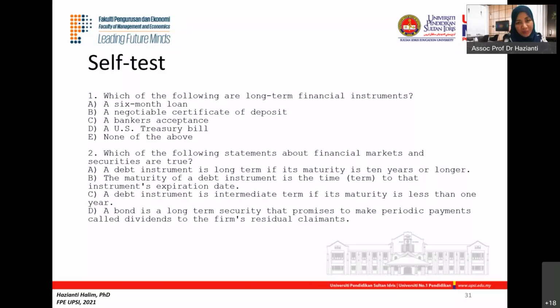The answer is A. An instrument is long term if its maturity is 10 years or longer. But some books say one year can be short term and intermediate term. Short term is usually less than three months. But more than 10 years is definitely long term. Like treasury bills and government securities, some are long term too, but for today we cover the short-term parts.